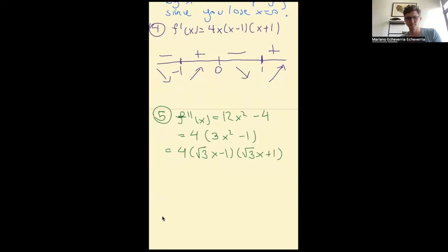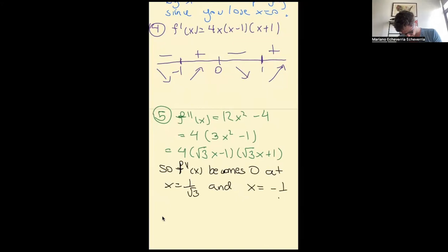Is that making sense? Yeah, it's almost, you have to be careful. You cannot take the 3 that way.